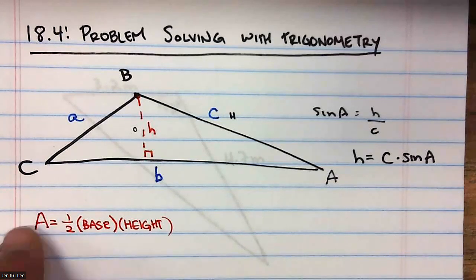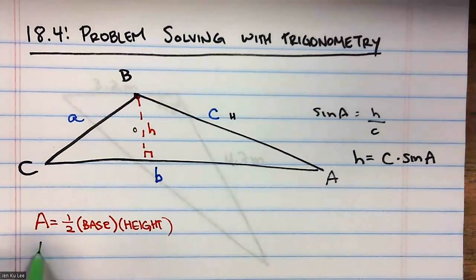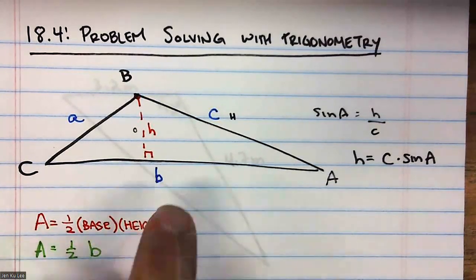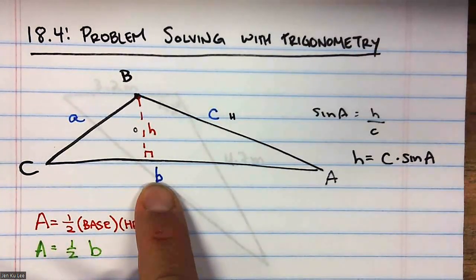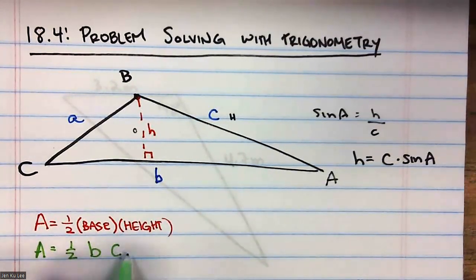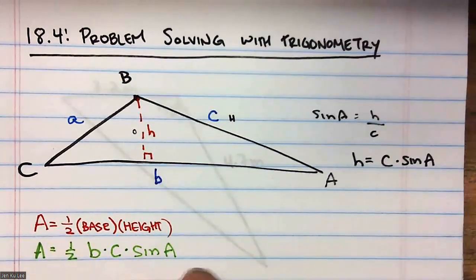So my area formula, 1/2 base times height, becomes: the area formula now is 1/2. My base is b, this. My height is c times sine of angle A. That is actually one of the area formulas.